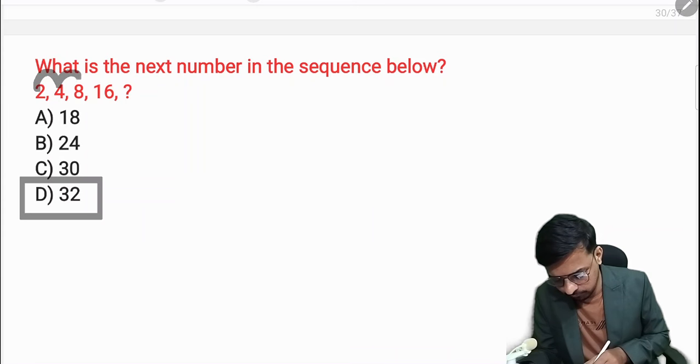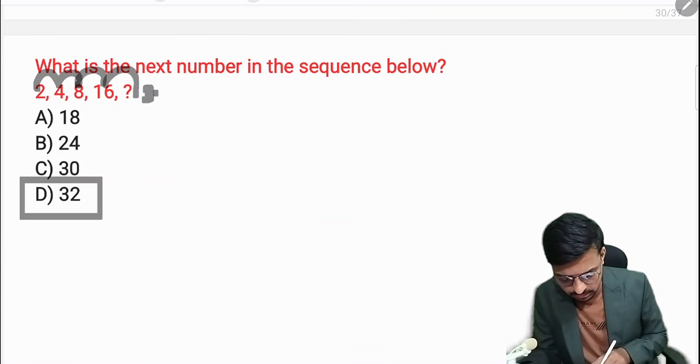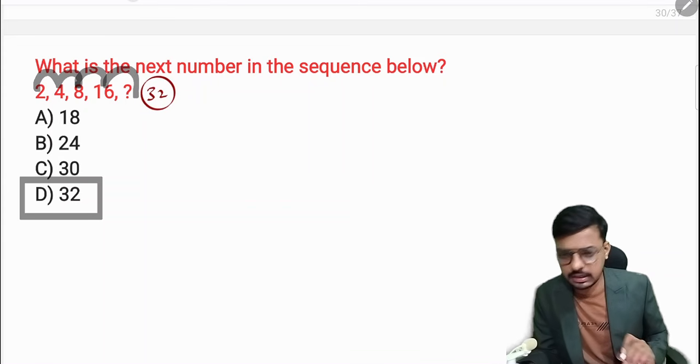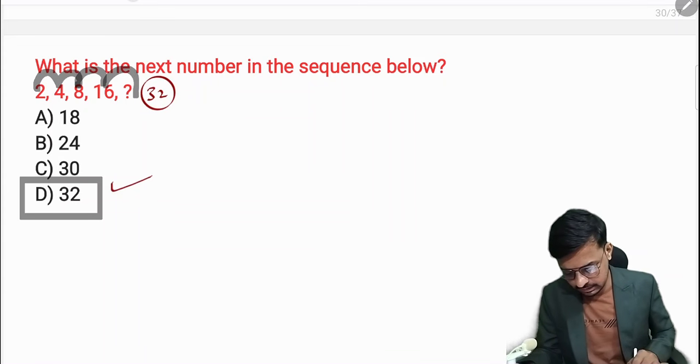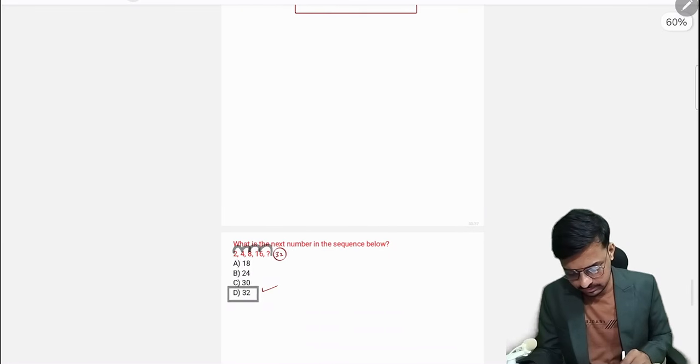After 2 comes 4, after 4 comes 8, after 8 comes 16, and after 16 the next number is 32. These are the very important non-nursing questions we have discussed here.